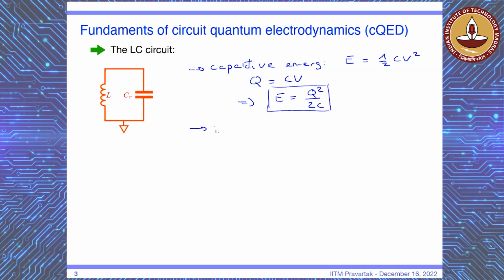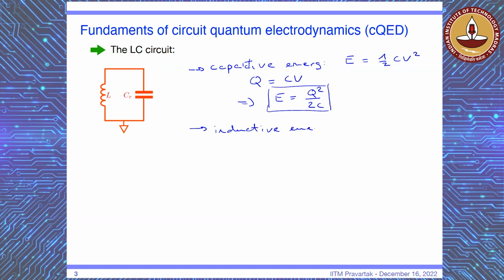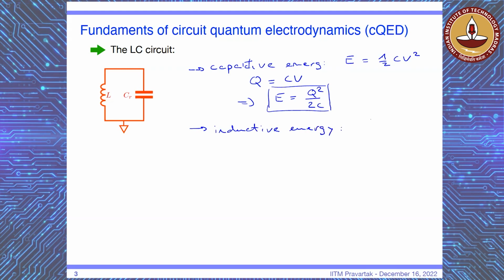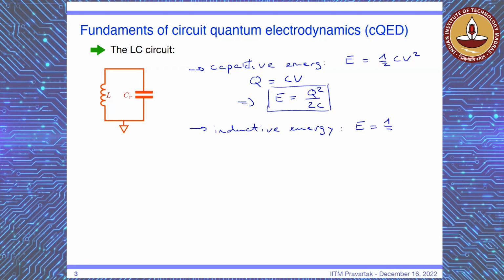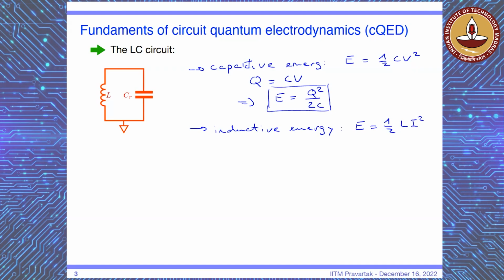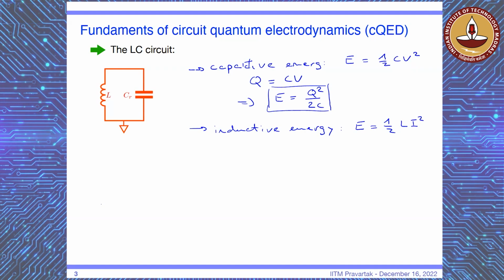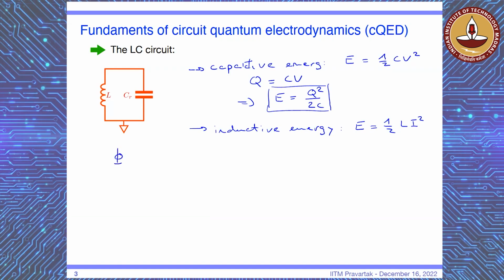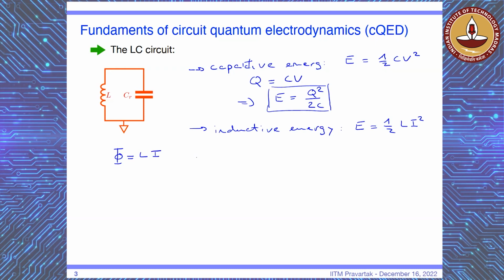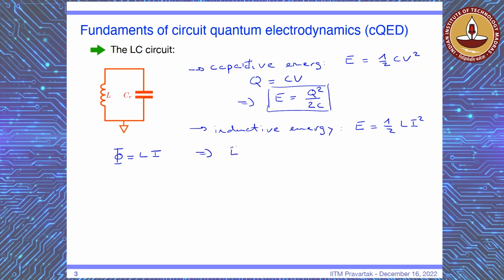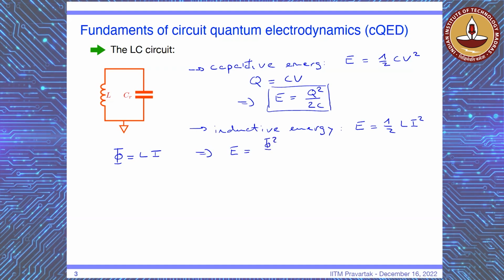We also have inductive energy, which is E equals 1/2 L times the current squared. For an inductor, we generally write it in terms of flux. Flux equals the inductance times the current. So I can rewrite this energy as flux squared over 2L.